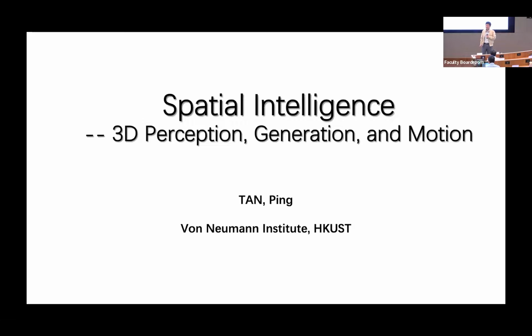When I joined Alibaba in 2019, they asked me to find a name for my own group at that time. We discussed a lot, and eventually we chose the name Spatial Computing in 2019. At that time, nobody knew what it was. But all of a sudden, after Fei Fei talked about spatial intelligence, everybody is talking about spatial intelligence.